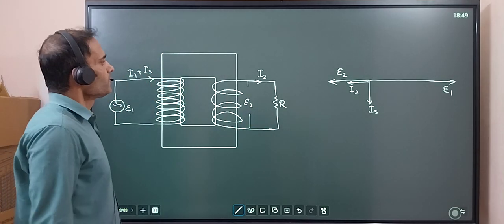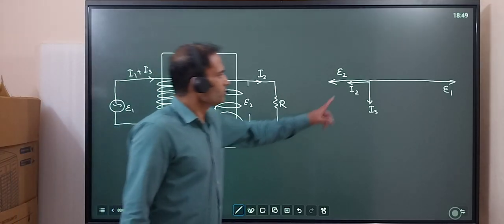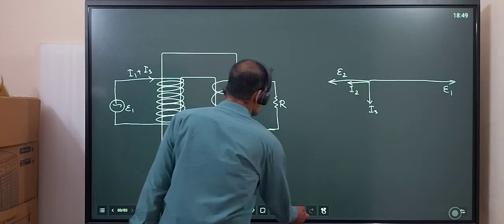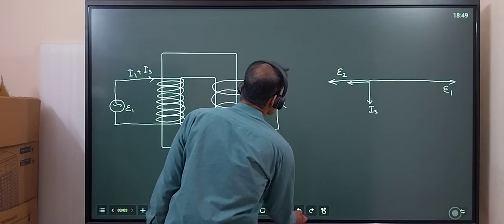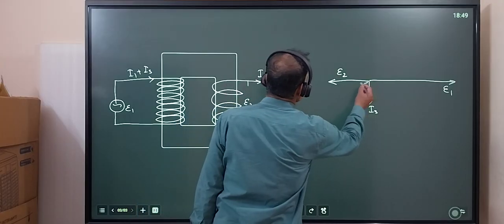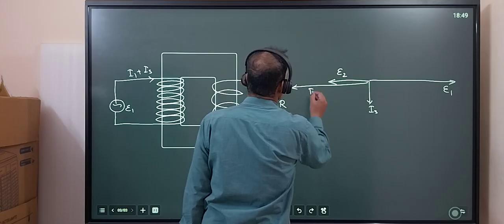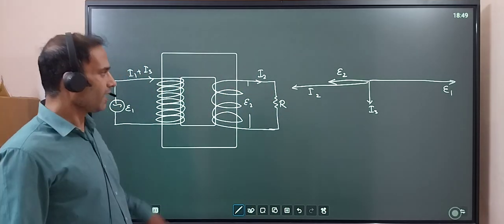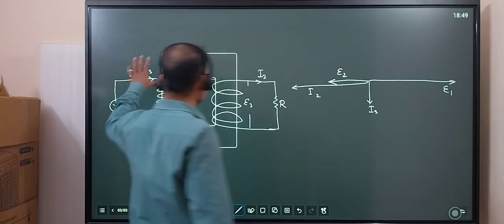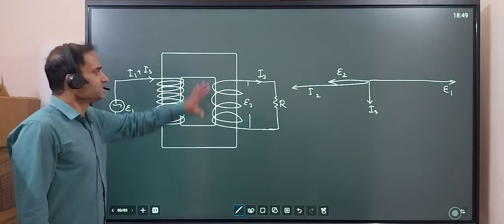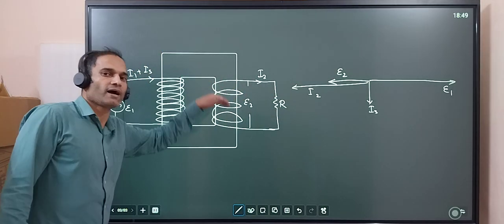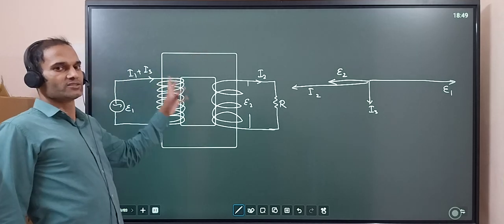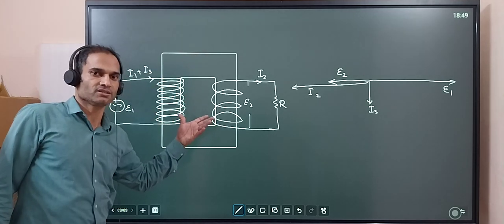Now because of this I2, one extra current I1 will come into the picture. Why will I1 come into the picture? This extra current will also create a magnetic field, and this will change the flux, right?